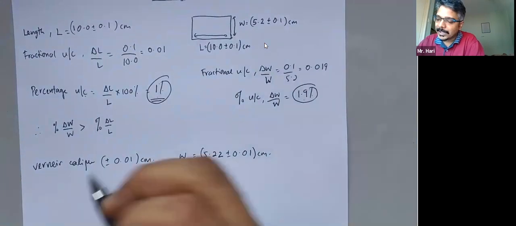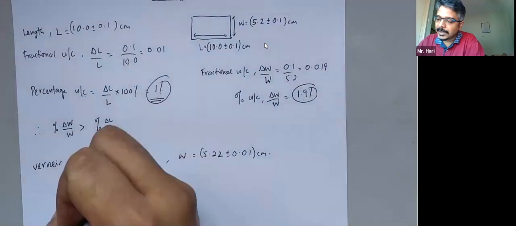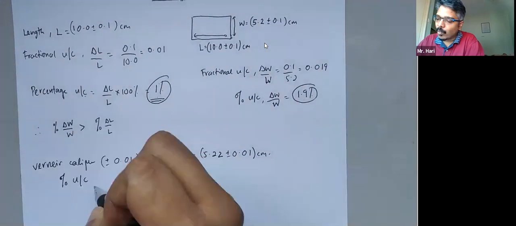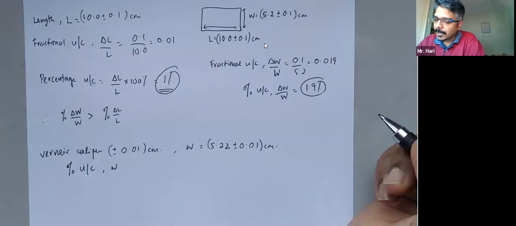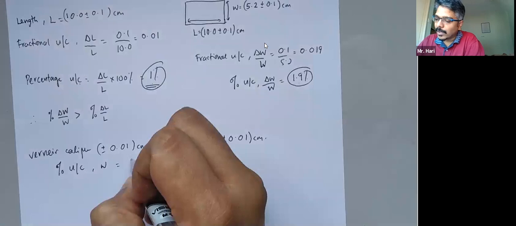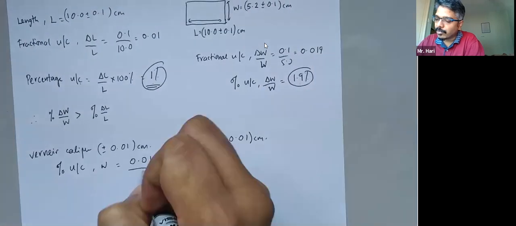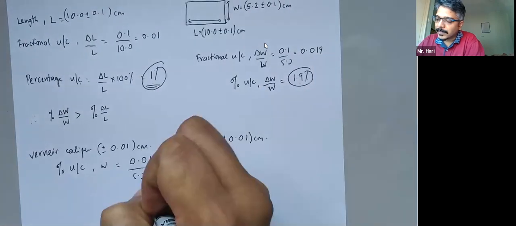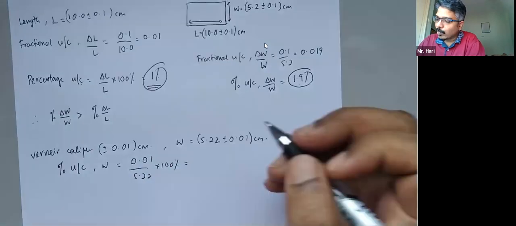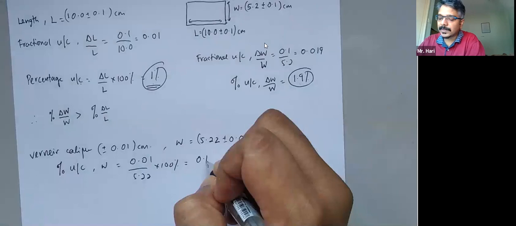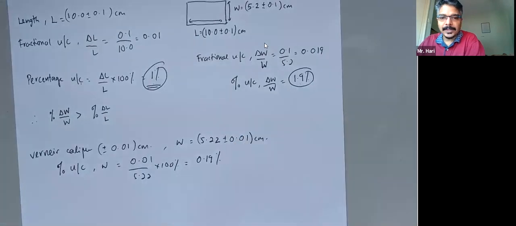So the percentage uncertainty for the width measured with the vernier caliper is 0.01 over 5.22 times 100%, which gives 0.1%.